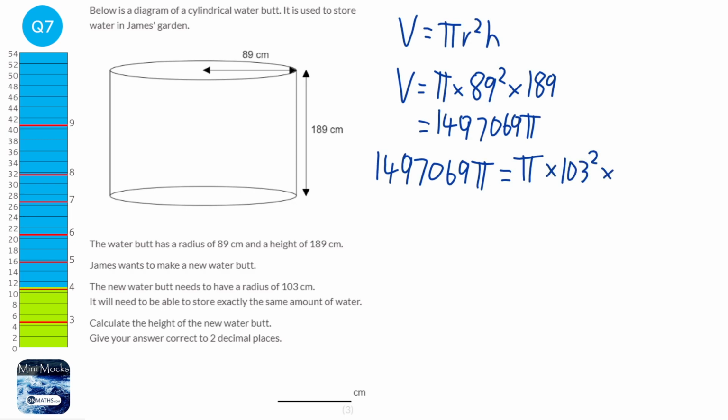And we're trying to work out what the height is. Okay, so first thing we can do is just cross off the pi's from both sides. We don't really need them at all. And then we can get our solving lines in, and we can divide both sides by the 103 squared.